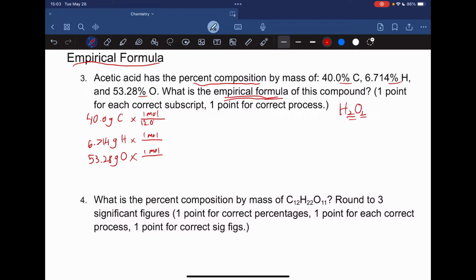So for carbon, it's 12.011 grams of carbon. For hydrogen, it's 1.0079, I believe. And that is grams of H. And for oxygen, it's the 15.999 grams of oxygen. Notice it's just O, not O2. So in the other problems, it might have been O2. So watch out when it's O2 versus O.